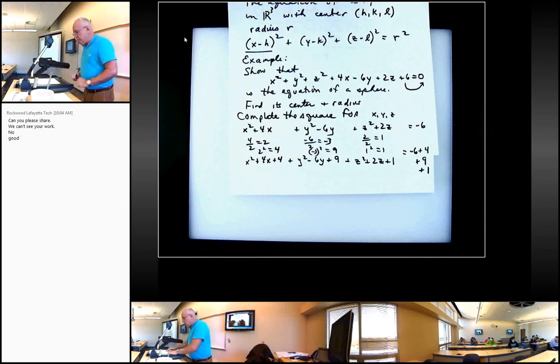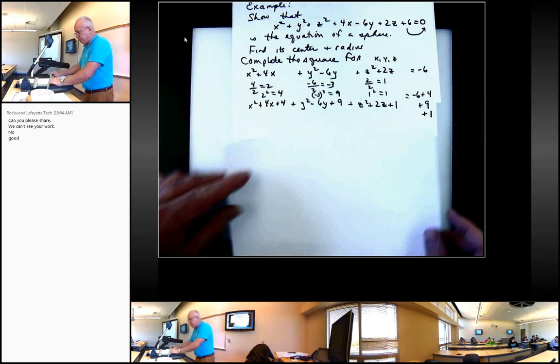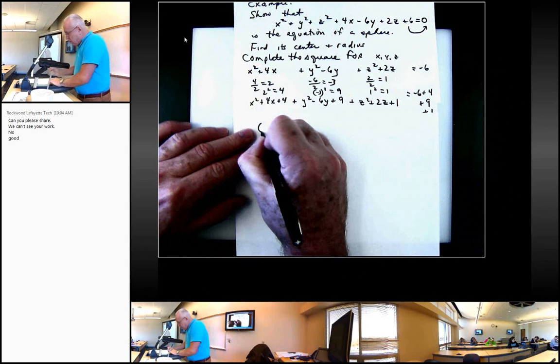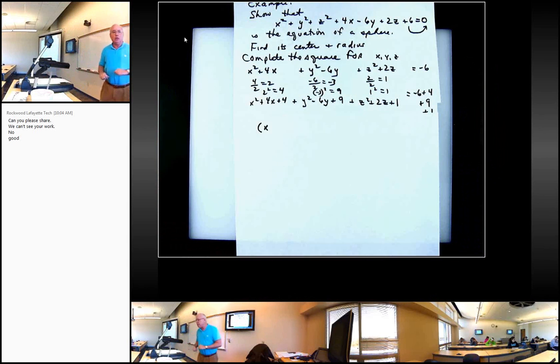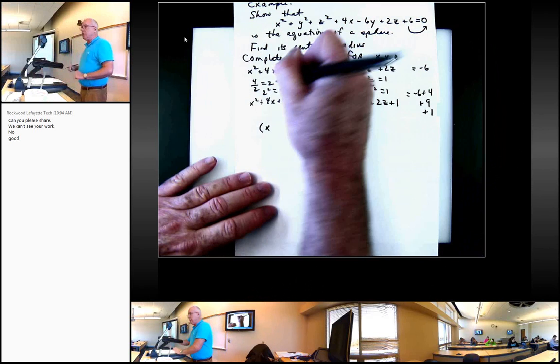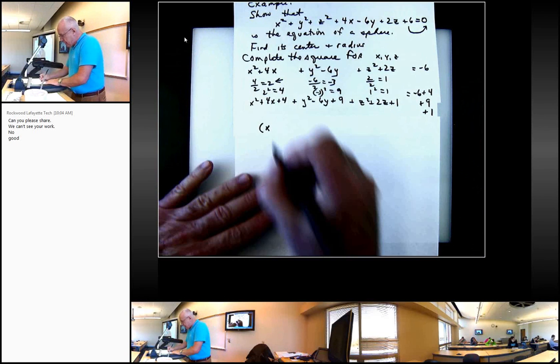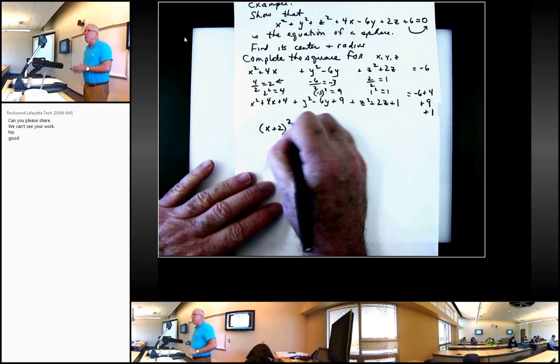So what we end up getting is 3 perfect squares in x, y, and z. The first one is going to be x plus 2. This number that we got when we divided the coefficient by 2, that is what we put next to the x in the parentheses, and then we square the whole thing.